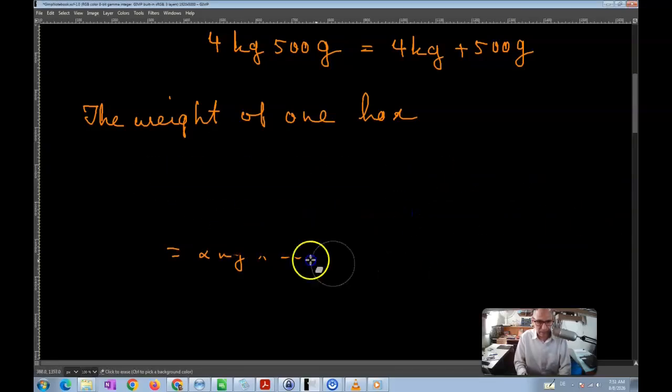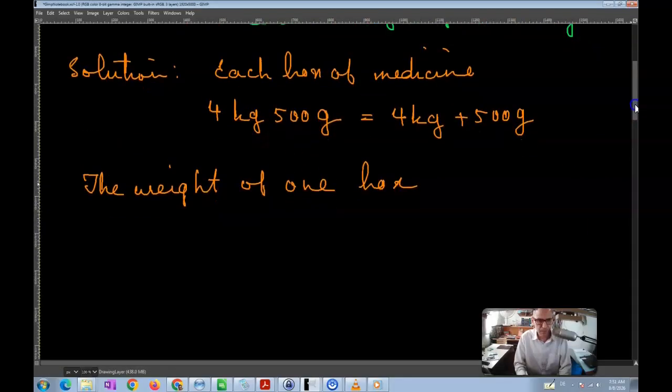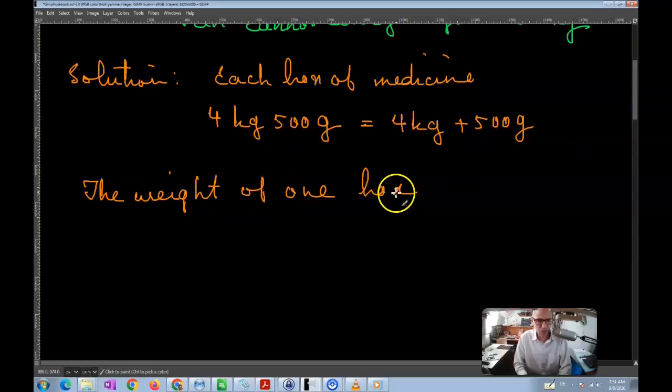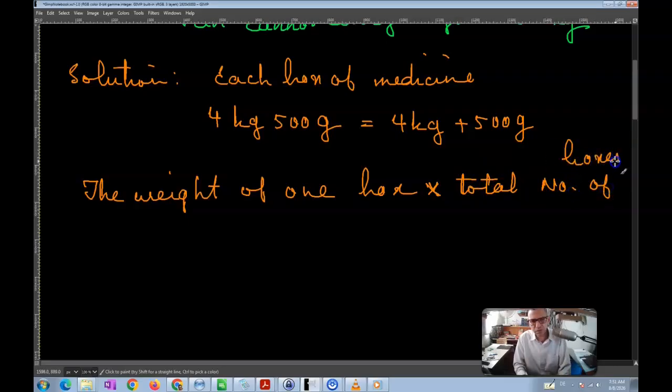So we have the exact same type of question over here. If I have the weight of one box times the total number of boxes, then this is going to be equal to the total weight of all the boxes.